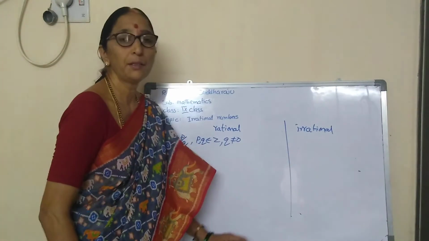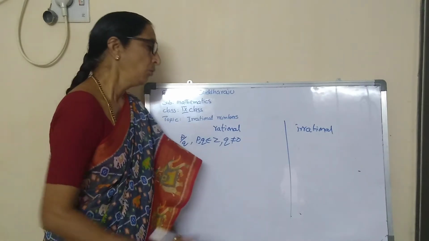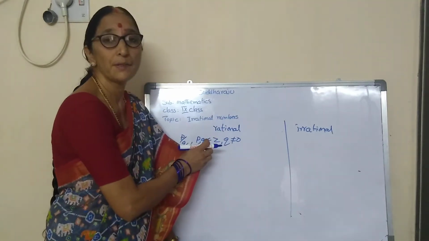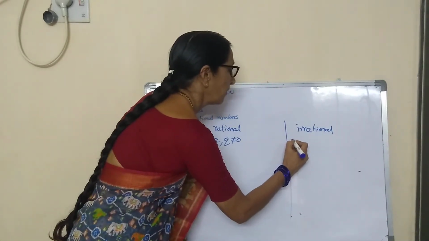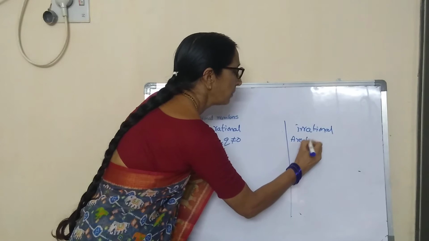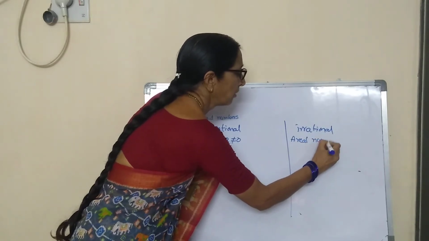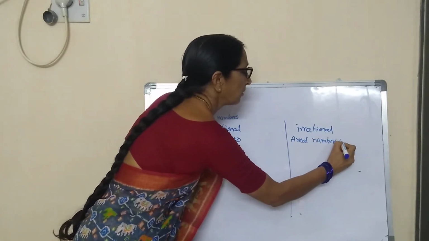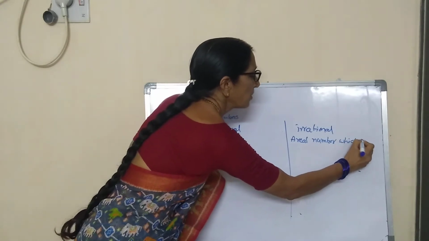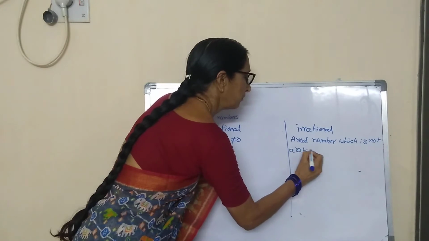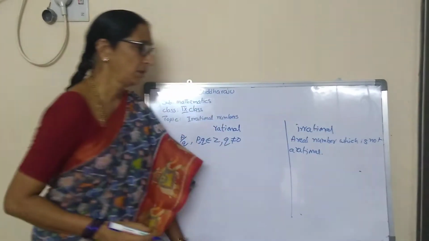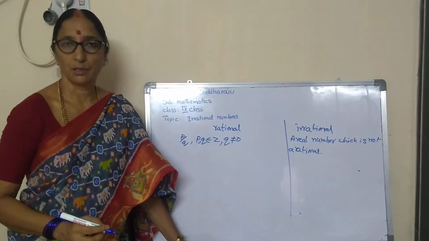What is an irrational number? We cannot write it as a rational number. You can say it is a real number which is not a rational.